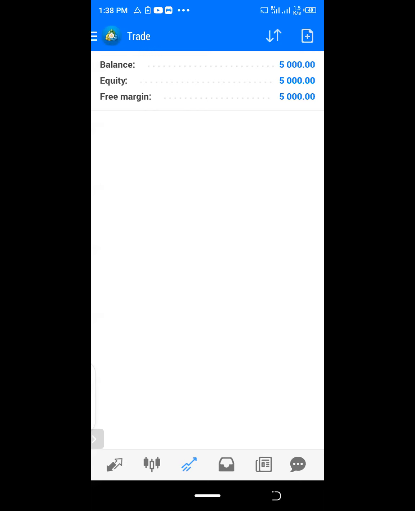If your margin level starts going below 100, that means you are in a lot of trades that are in loss. What your broker will start doing when you have a lot of trades that are in loss is that your broker will start closing from the highest loss to the lowest loss.